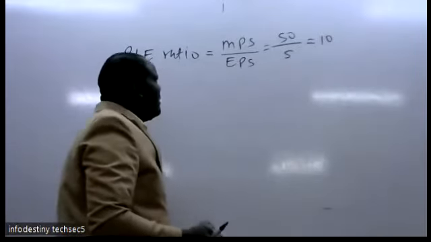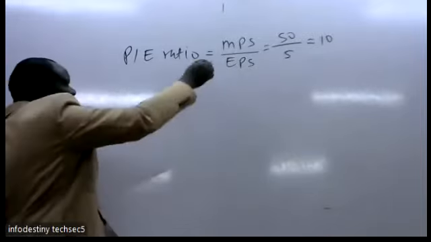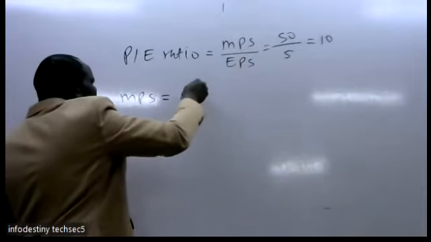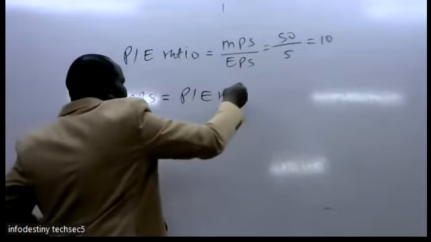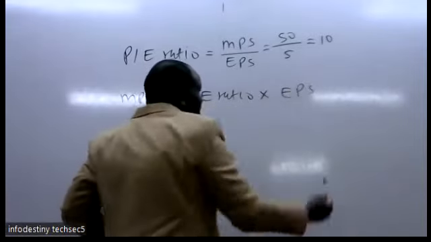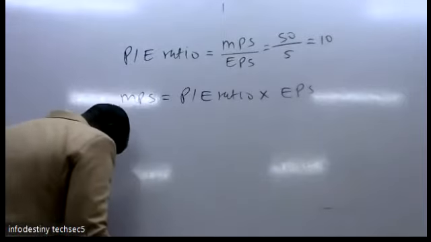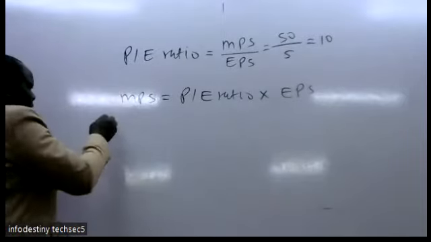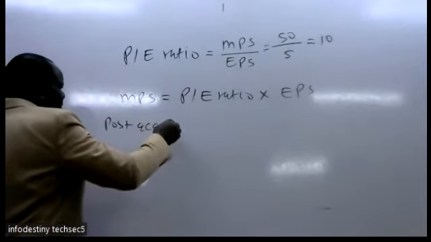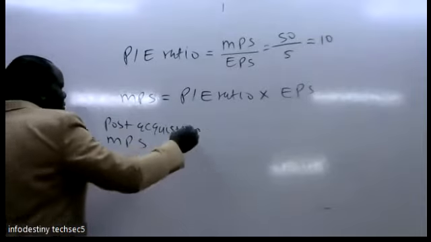Then we make the market price per share the subject. When you make the market price per share the subject, it is simply the price earning ratio multiplied by earning per share. So we are looking for the post-acquisition market price per share.